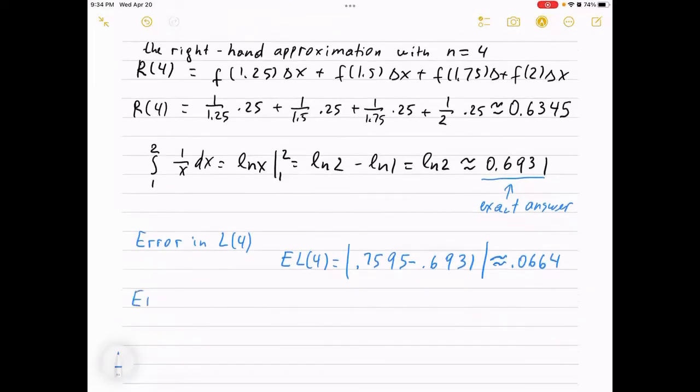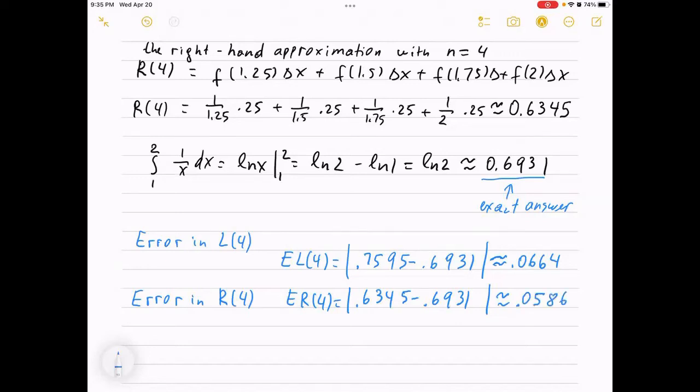We will calculate the error in the right hand sum, the error in R4. Actually, we calculate only its magnitude, so that's going to be 0.6345 minus 0.6931, which is approximately 0.0586.